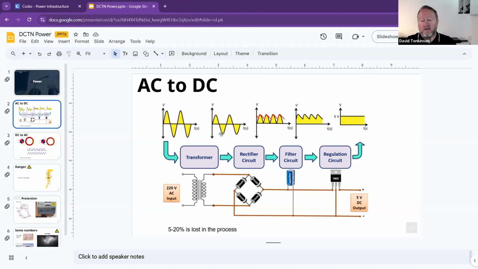That's what the regulation circuit comes in and does. It says, I'm only going to take everything below this voltage and use that, and that gives us a smooth DC output. You can see from this example that we've moved from 220 volts AC to 5 volts DC, and we tend to lose between 5 and 20% if we do that.